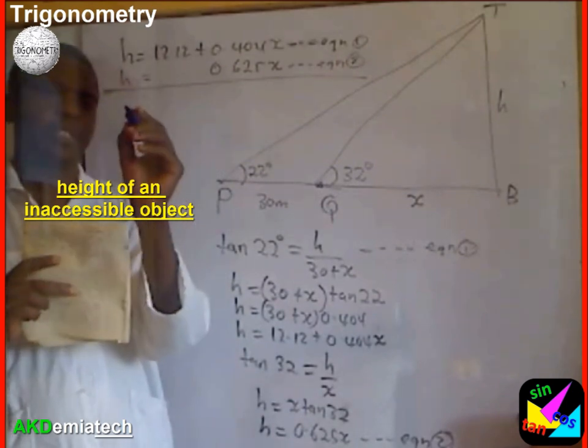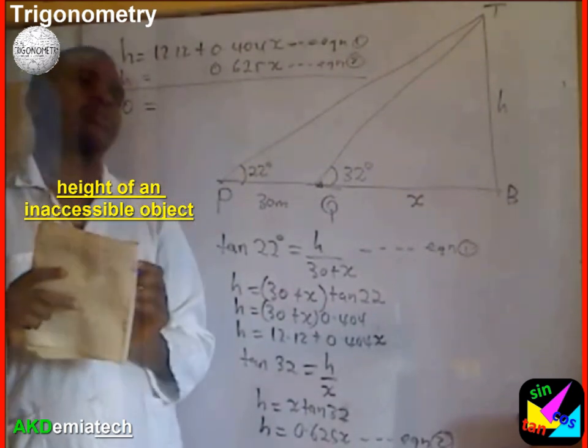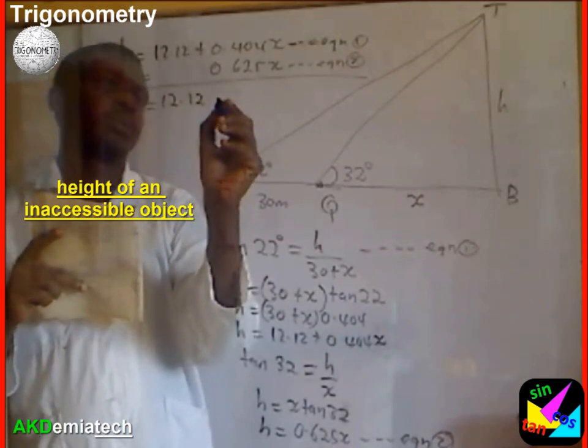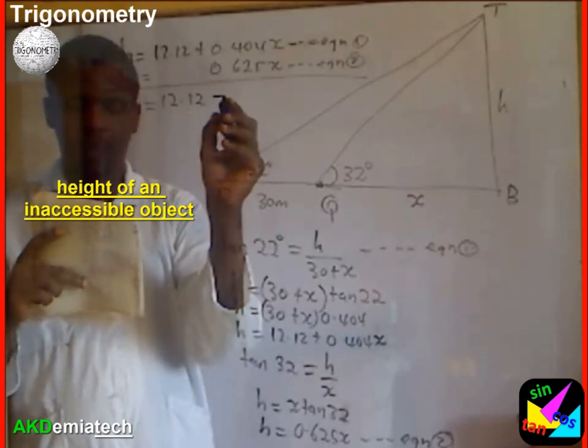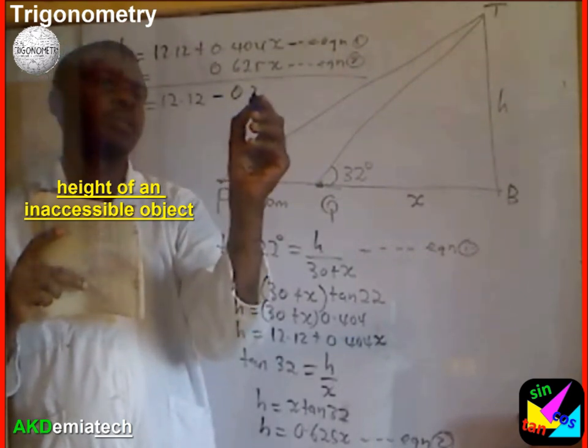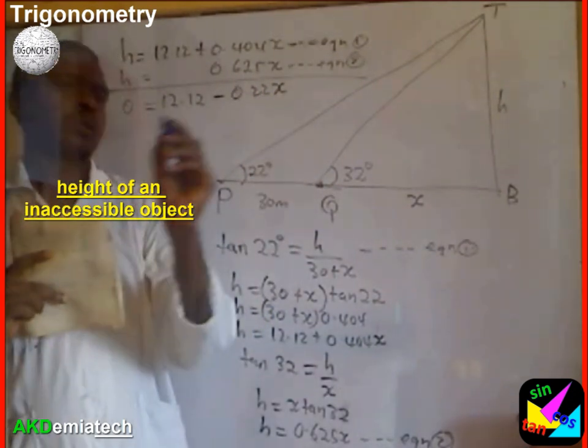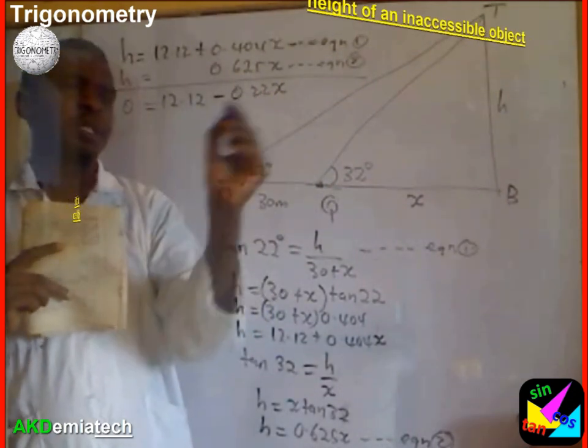H minus h gives me 0 is equal to 12.12 minus 0.22x. Let's solve for x in this equation.